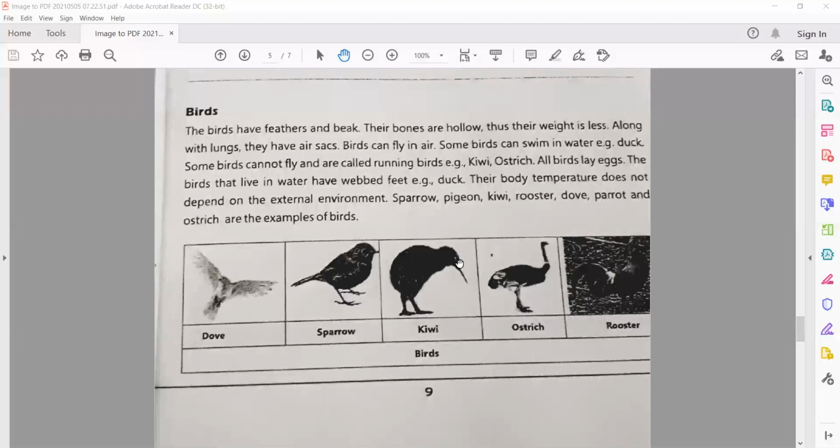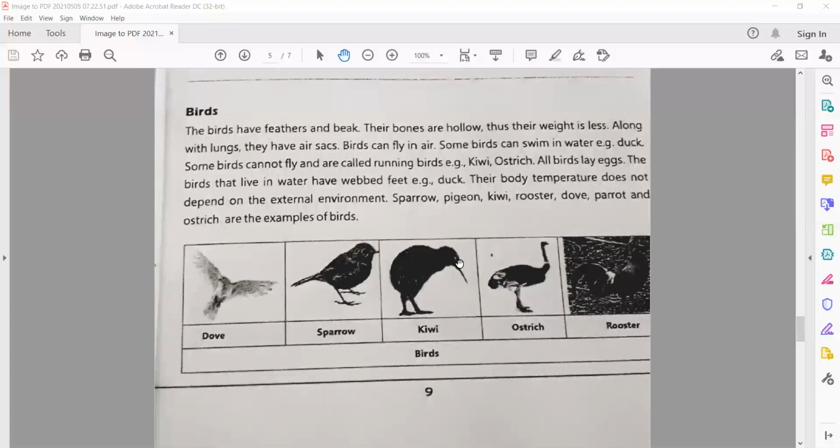Okay. Their body temperature does not depend on the external environment. That is the reason they are warm-blooded animals, because their body temperature remains the same as they move from one surrounding to another surrounding.